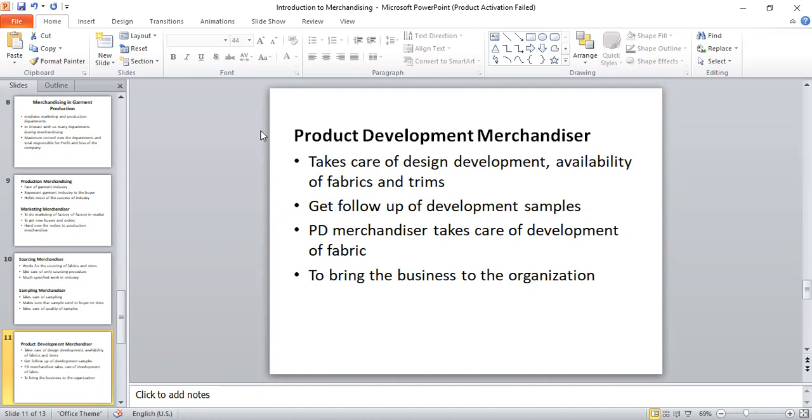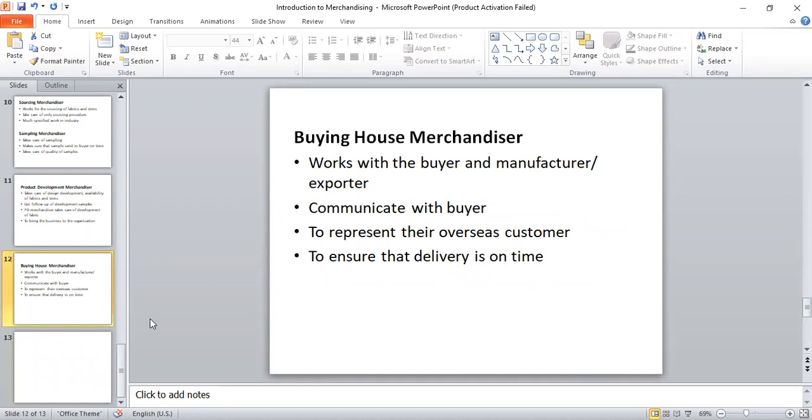So the next is buying house merchandiser. The role of the buying house merchandiser is slightly different from the production merchandiser. A buying house is an agent who works with the buyer and the manufacturer or exporter to fulfill the export order. The buying house merchandiser communicates directly with the buyer.